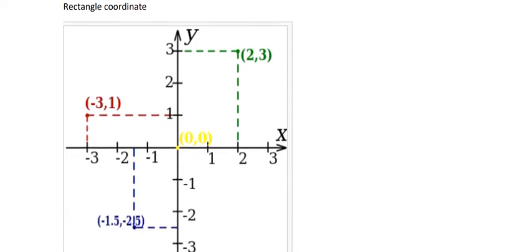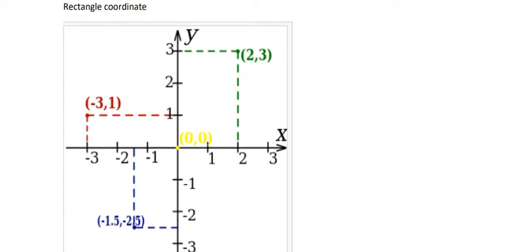So this is the x-axis, y-axis. For this point, x equals 2, y is 3. So there's a point. We denote this coordinate as (2, 3). So x is 2, y equals 3.